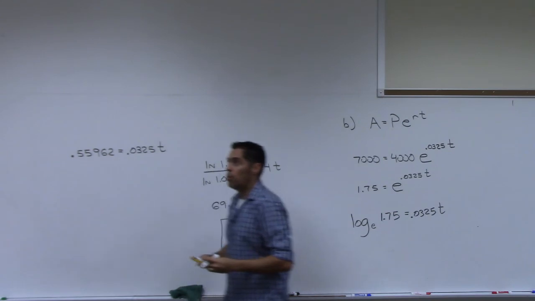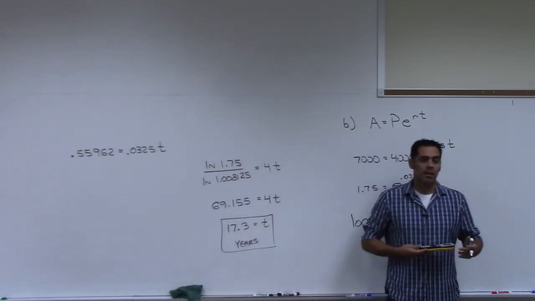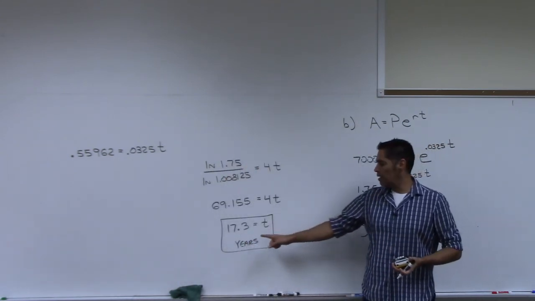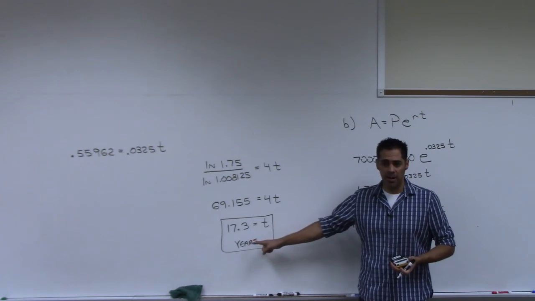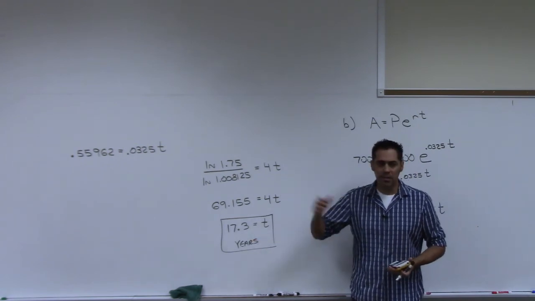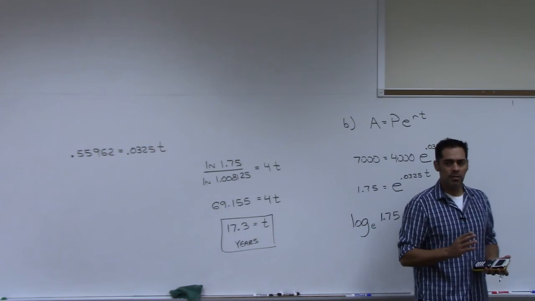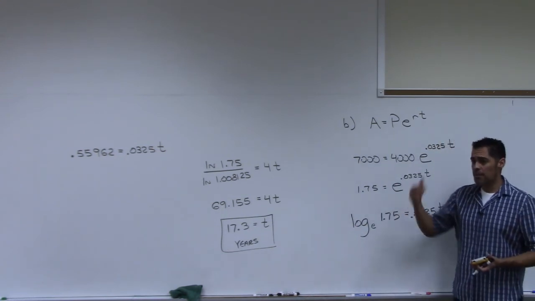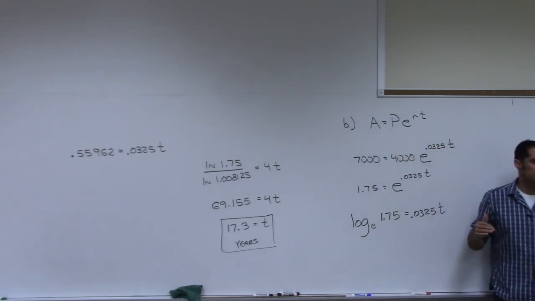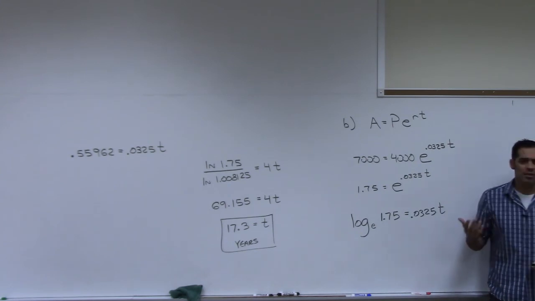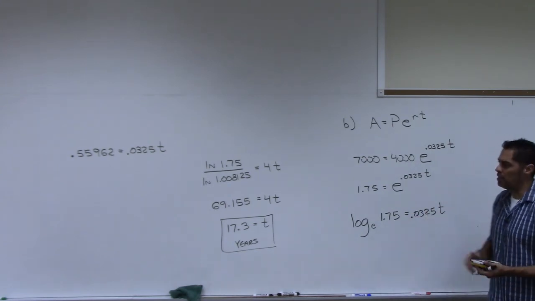Okay, quick little guess here. If our interest was compounded quarterly, it took 17.3 years, right? If it's compounded continuously, do you think it's going to take more time to build up to 7,000 or less time? Less? Let's see how much less. It shouldn't be much, but it should be a little less.